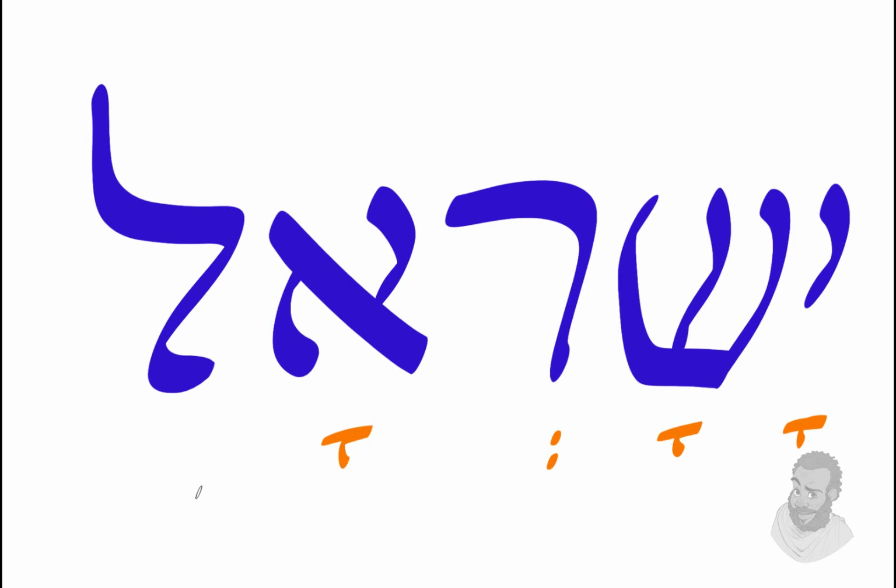So everything is a except the resh. So this becomes yashar al. Yashar al. And I know it as Yisrael. Yisrael.